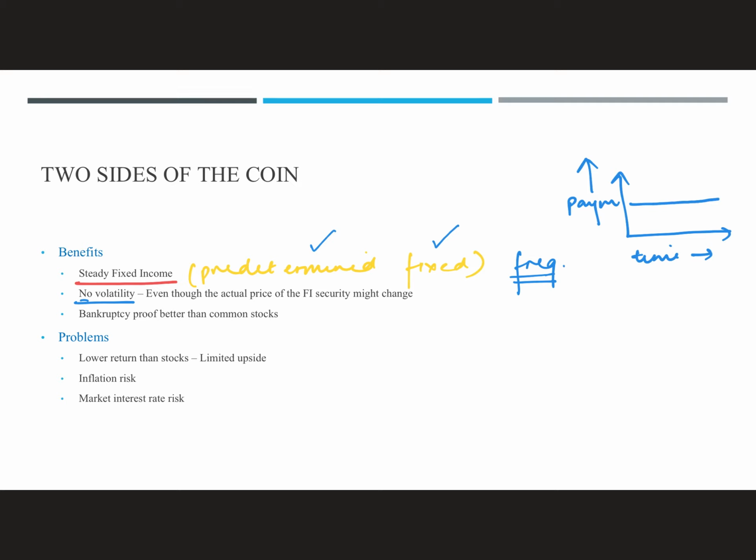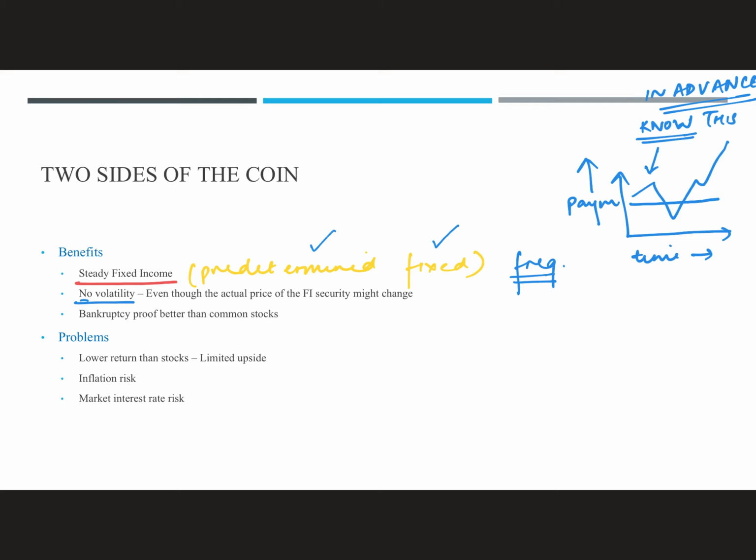It can be a straight line, or it can increase or decrease, and then increase again. But nonetheless, you will know this in advance, before buying the instrument. So that's why there is no sudden volatility, so to speak.